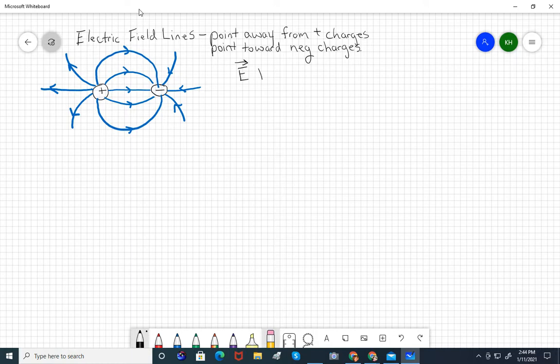E, that electric field, has the same direction as the force on a positive charge.